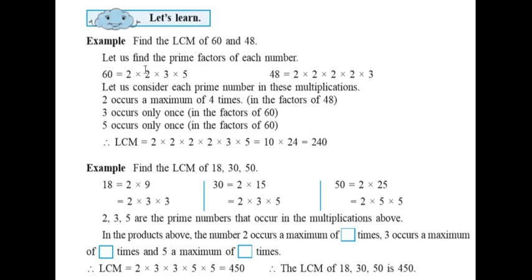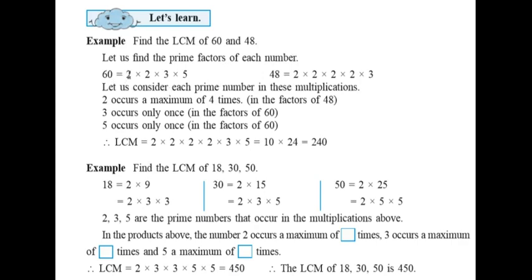So now let's learn how to find the LCM of 60 and 48. Okay. So see, in the textbook they have given, let us find the prime factors of each number. So you can use vertical arrangement and you can find the prime factors.